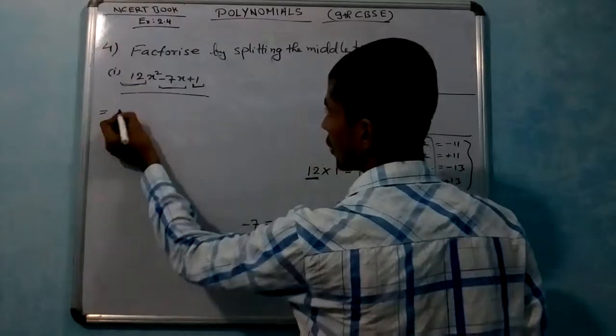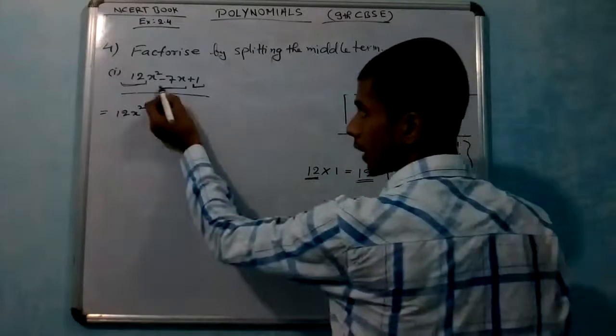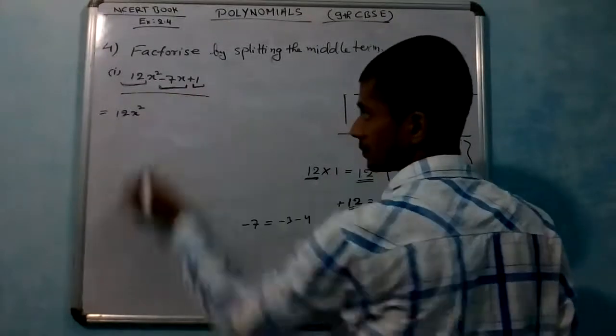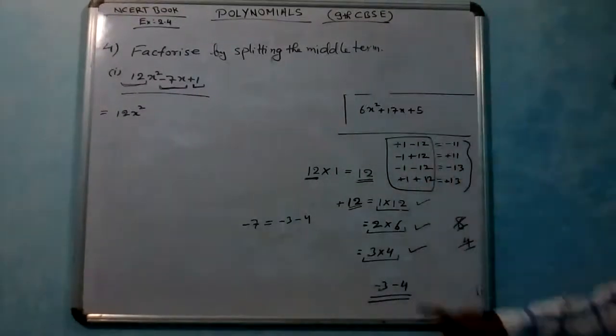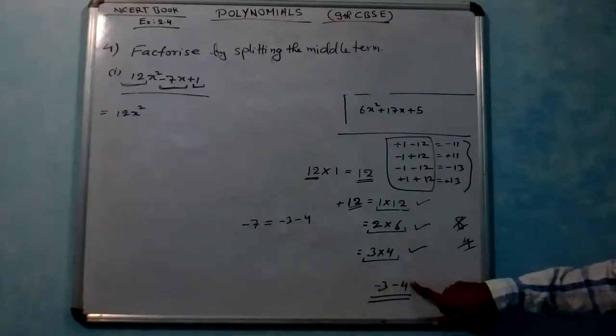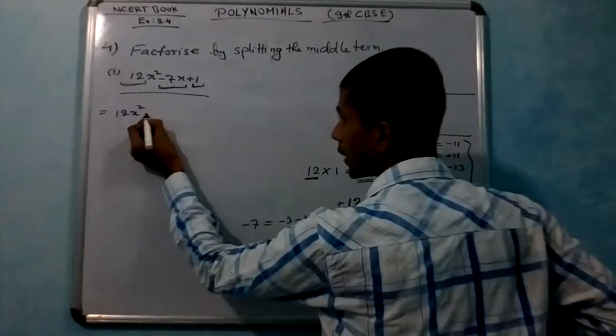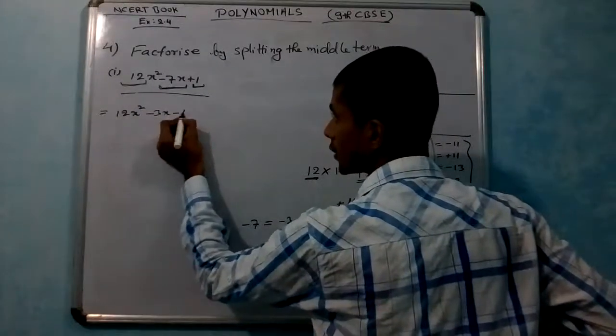So see what I can do: 12x square, and then this minus 7x we can write as minus 3x minus 4x, because it is 7x, no, so minus 3x minus 4x.